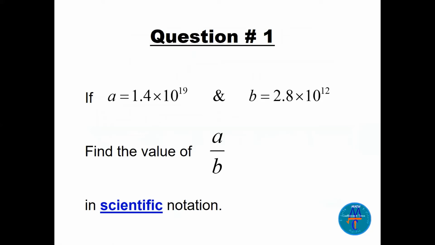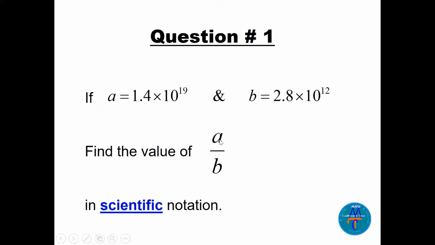Let's start now directly with the questions. These are additional solved questions; you can find them in the playlist on additional solved questions in scientific notation. Now, suppose we have A already written in scientific notation: 1.4 times 10 to the power 19. B is 2.8 times 10 to the power 12.